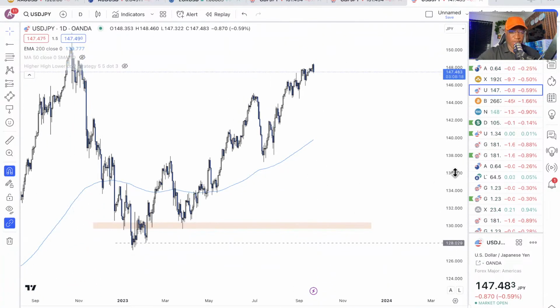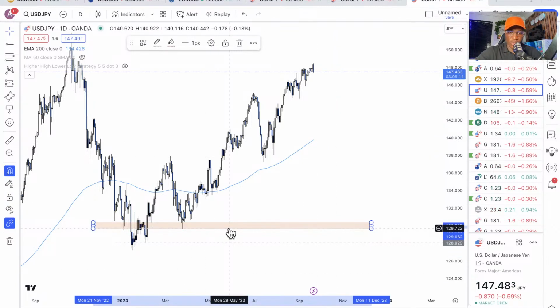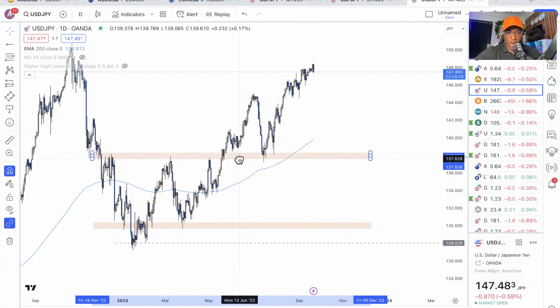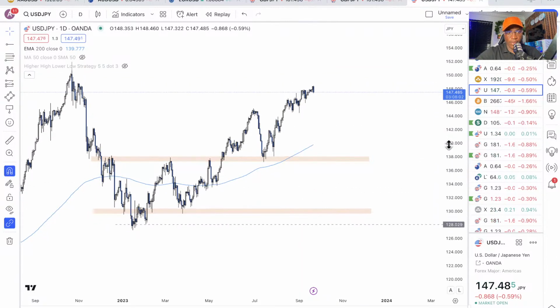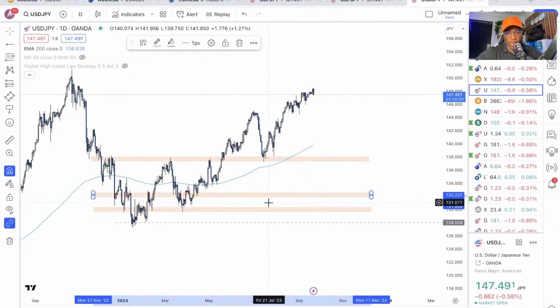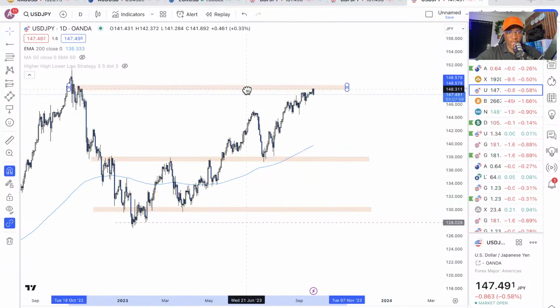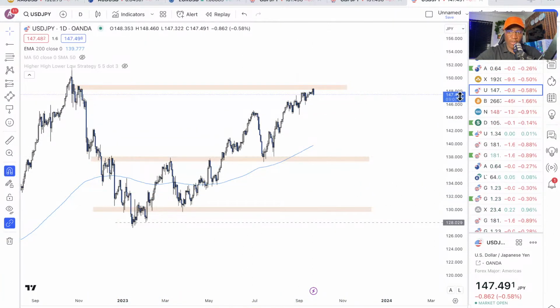So we're going to try to identify support and resistance levels on the daily time frame, and as we go lower, we'll also check to see other key levels in the dollar yen market. And remember, with key levels, you don't necessarily have to force them to be there.